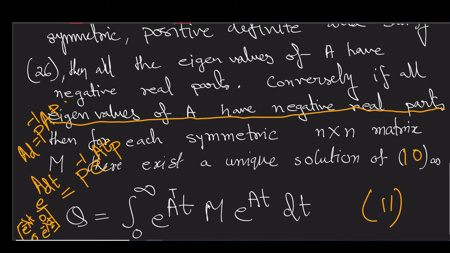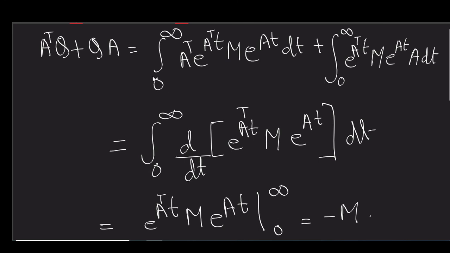It is like finding the area under the curve where the curve exhibits a converging tendency towards 0 value, right? So here you can see that this gives us this result.